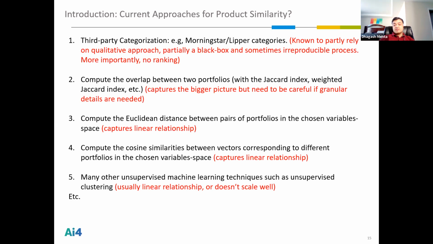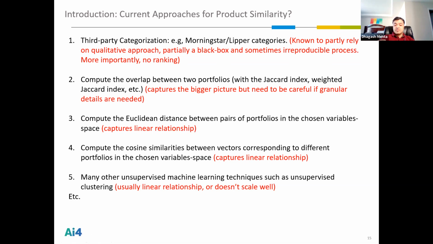Most of these traditional methods have their problems. So first, all these Morningstar and Lipper categories are, of course, a work of very highly advanced and expert people in economics. But this also partly relies on a qualitative approach.